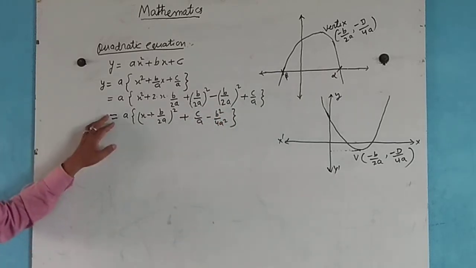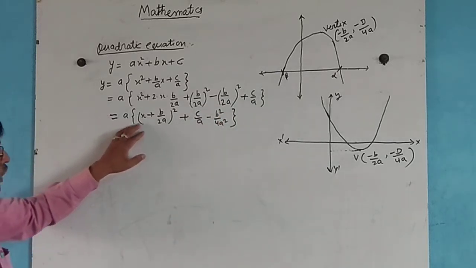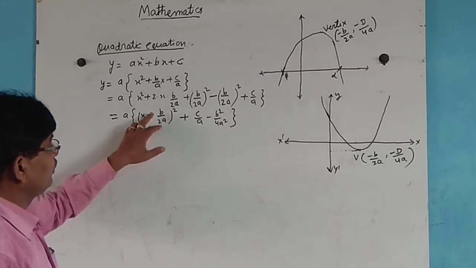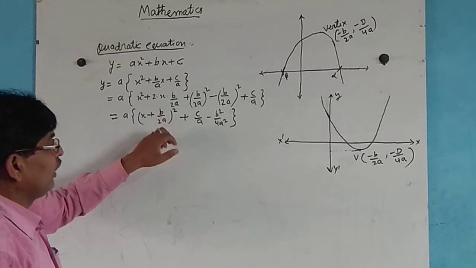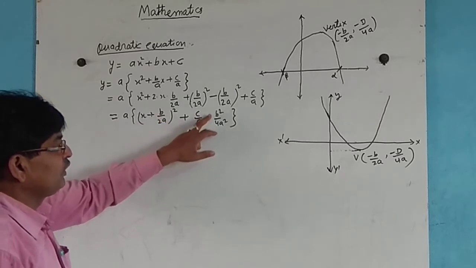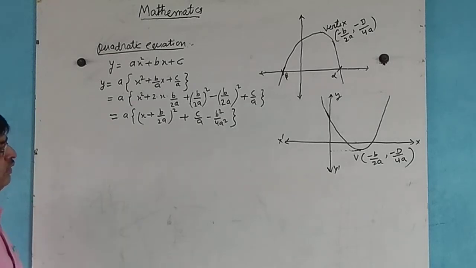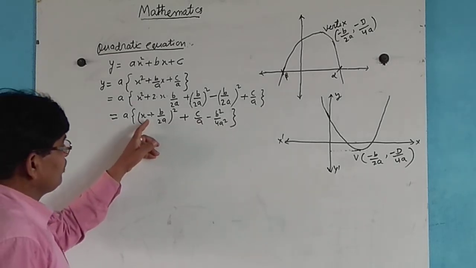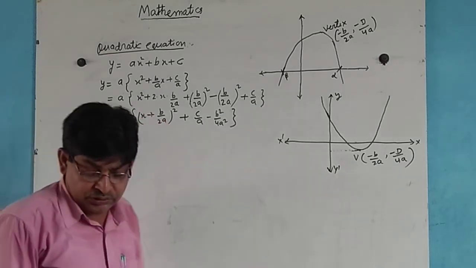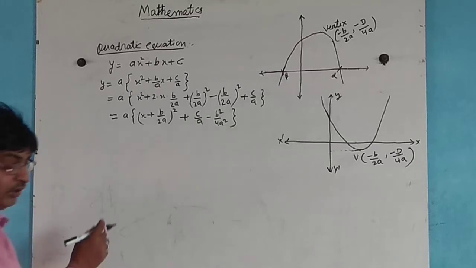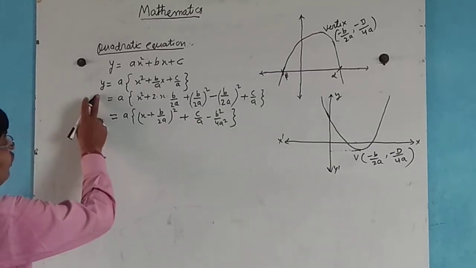Now we get y equal to a times x plus b by 2a whole square plus c by a minus b square by 4a square. We see here that x plus b by 2a whole square is a perfect square quantity.